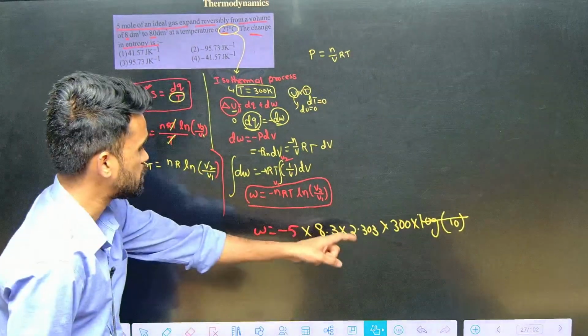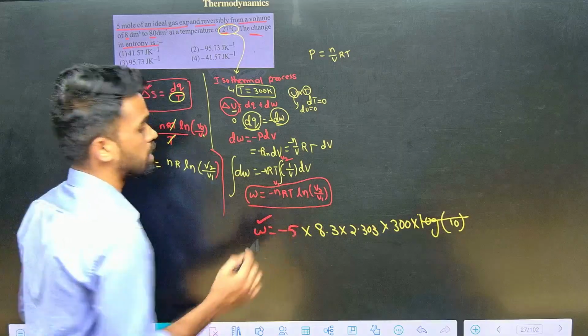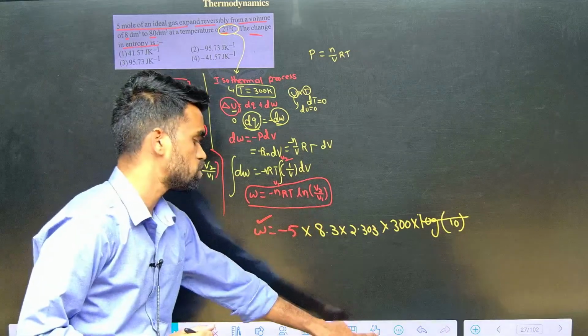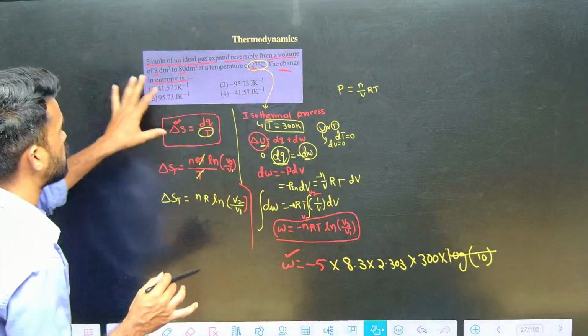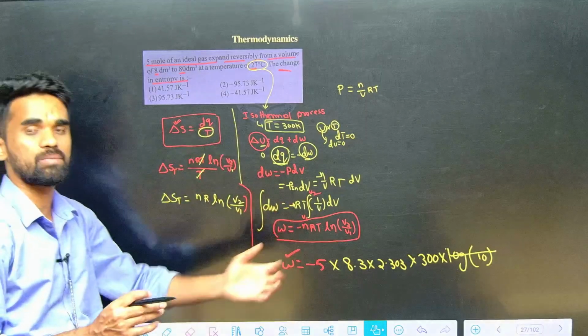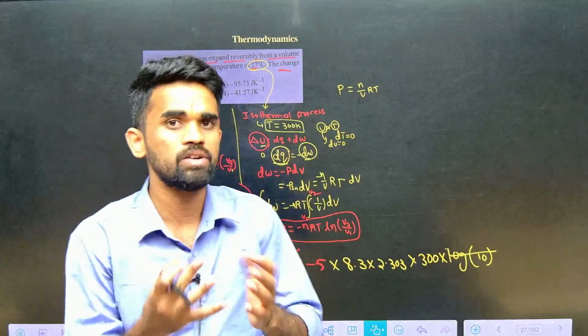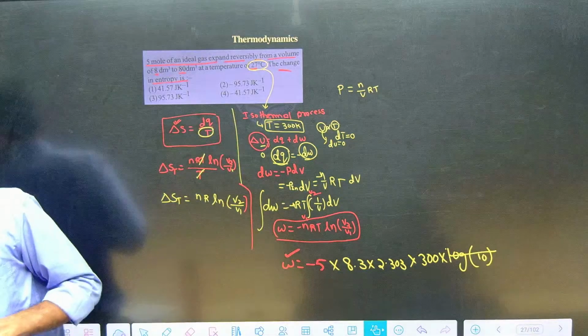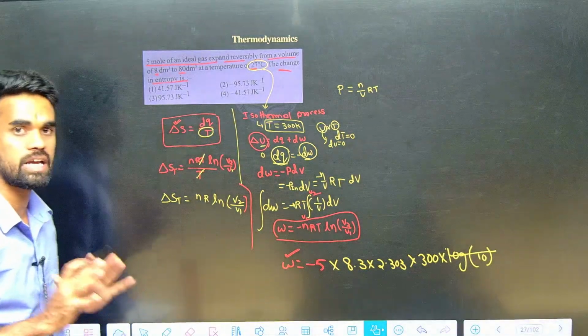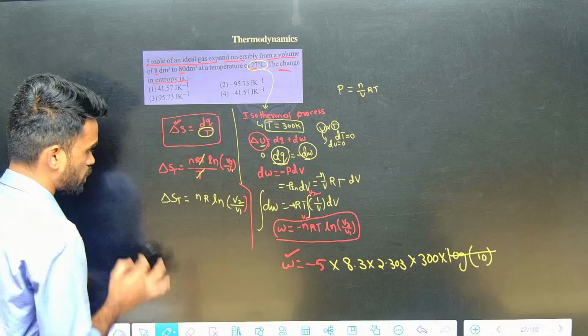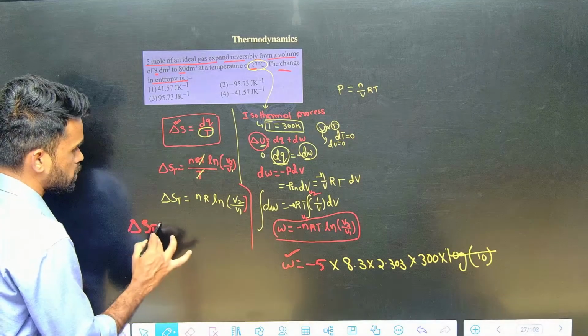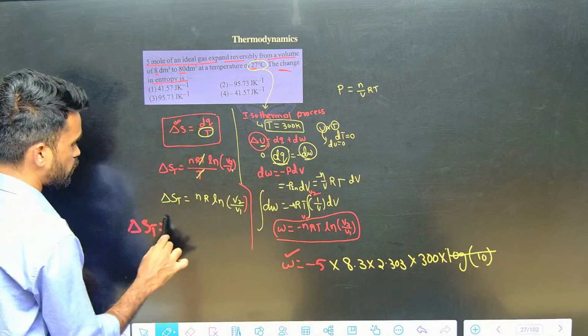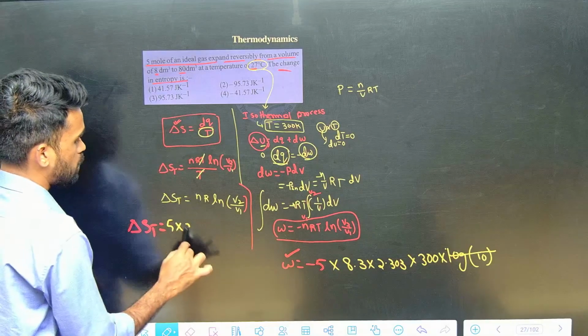Upon simplifying, we get the work done for this question. In the question they are not asking about work done, this is extra information I just want to provide. As per the question they are asking only about entropy change in the isothermal process. So entropy change is equal to n, 5 moles, and R is 8.3.